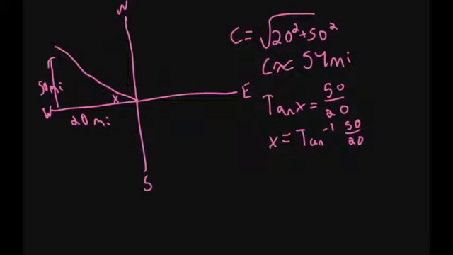Inverse tangent of 50 over 20, and you're going to get about 68 degrees. So now when we write this out, we have a magnitude of 54 miles, and our direction is 68 degrees. The way we did that was we went west by north.